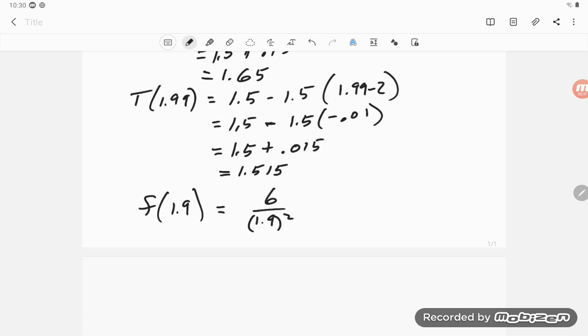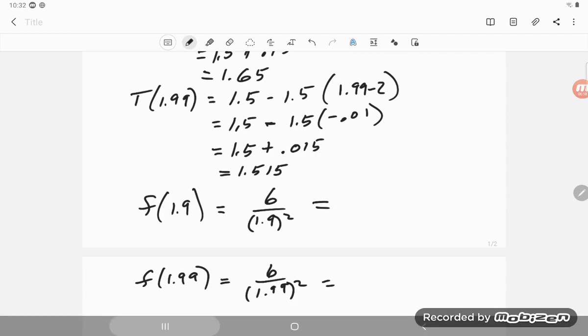I'm going to put this on pause just for a second while I go pull up Desmos. Alrighty, so I pulled up Desmos, and we can get answers for these two. I'm just going to do these two, 6 over 1.9 squared and 6 over 1.99 squared, just so we can compare those answers.